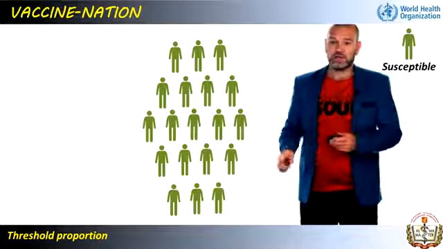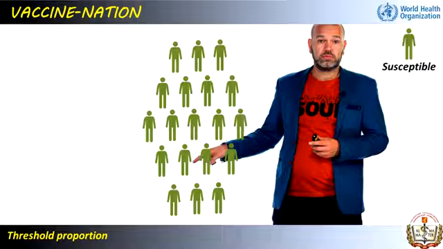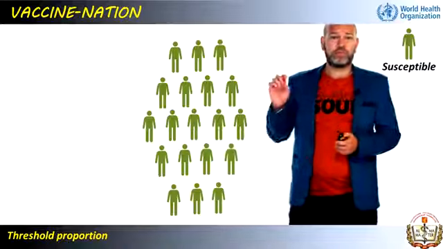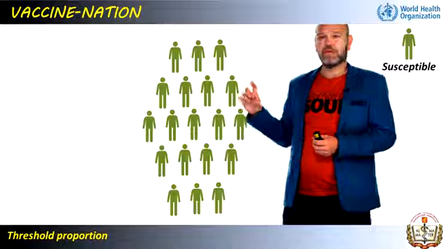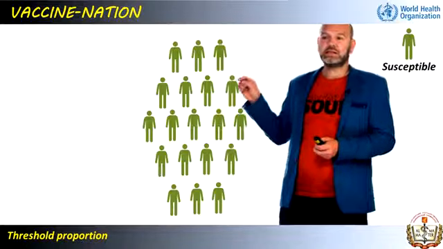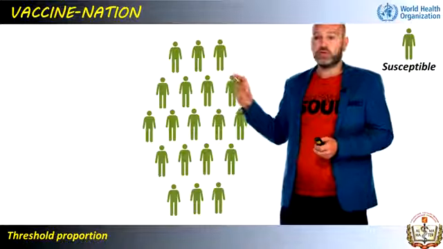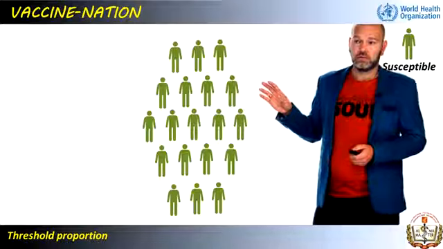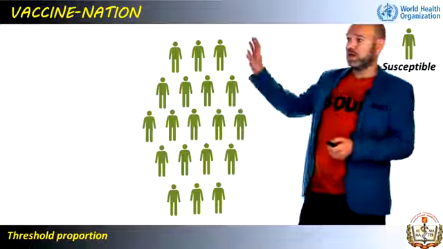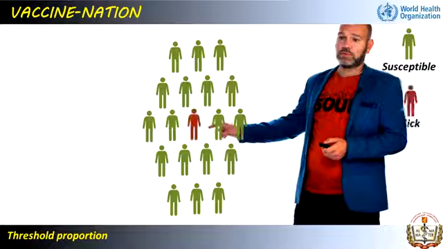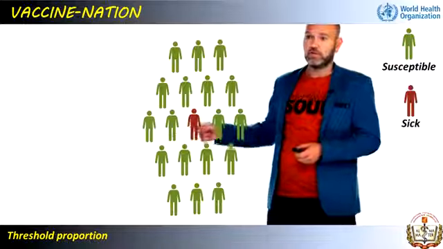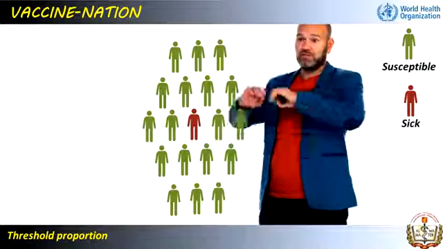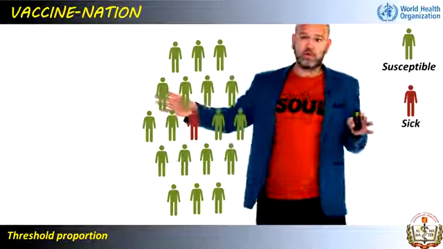And we have such a term as threshold proportion. The threshold proportion is the percentage of the population that must be capable of getting a disease in order for it to spread. When everyone is susceptible, one person is infected. That one person became ill and has no immunity, so can infect anyone around, because no one has immunity.